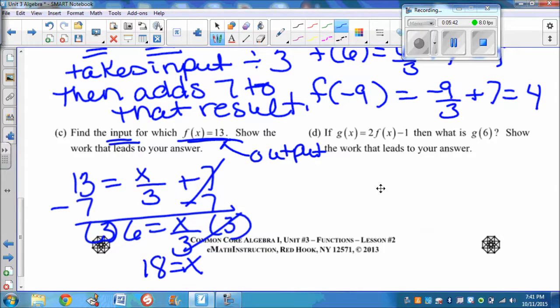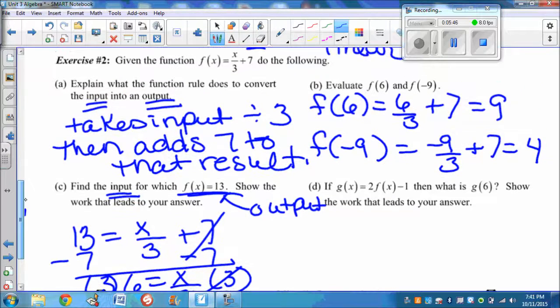Part D says g of x. Okay, so we're bringing in a new function. g of x is equal to 2 times f of x minus 1. Then what is g of 6? So there's our input, our x value, 6.